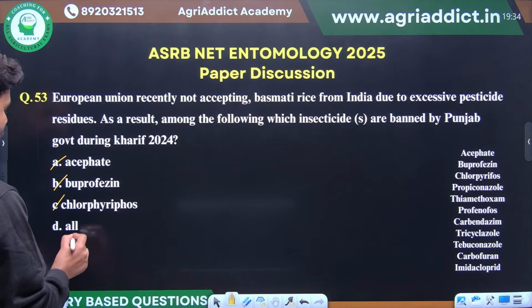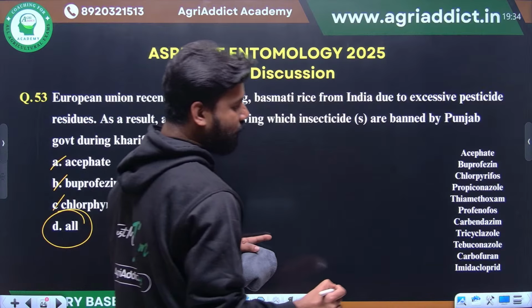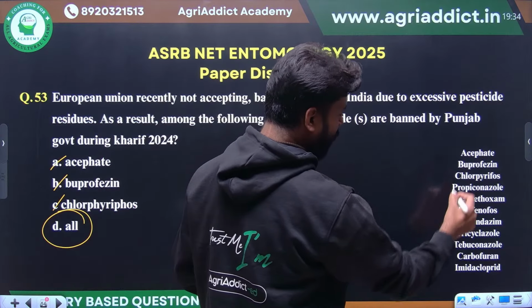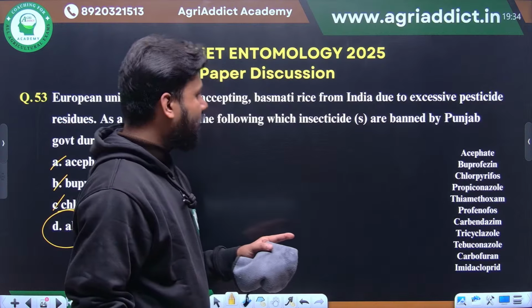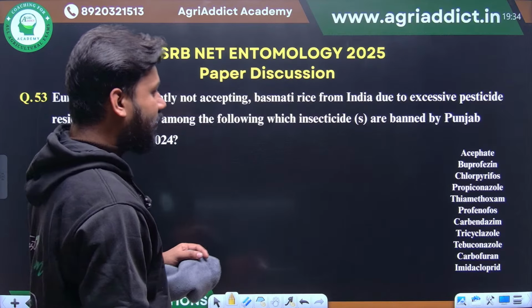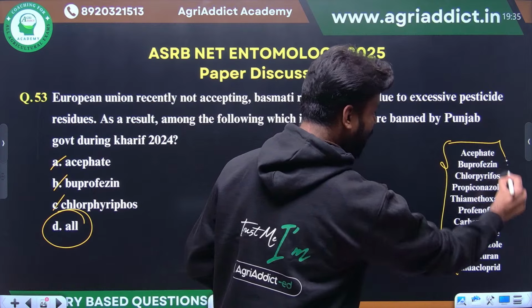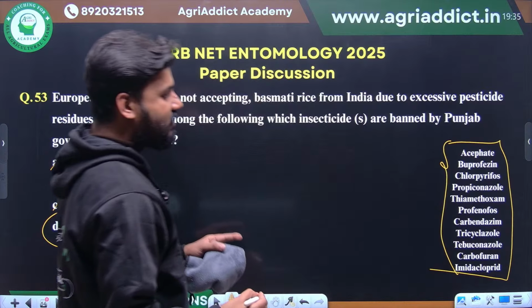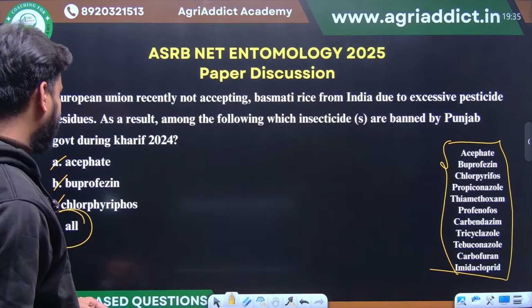The correct answer will be all. As per 2024 data, there were 10 insecticides that have been banned by the Punjab government. I have listed out these insecticides. You can go through it, and these insecticides are banned in Punjab for basmati rice.